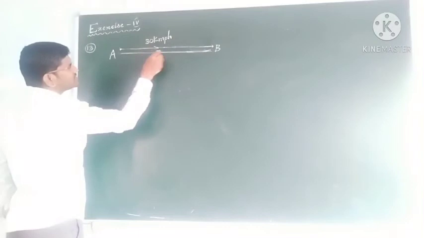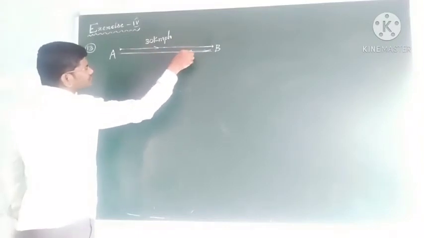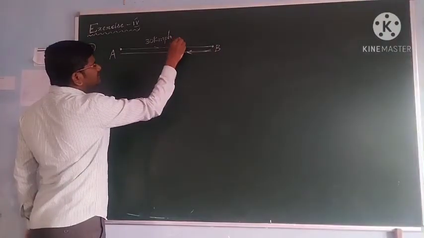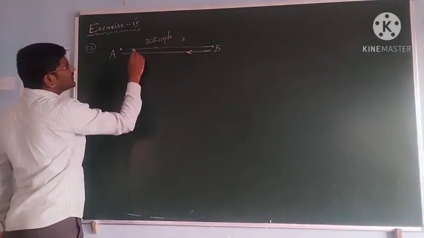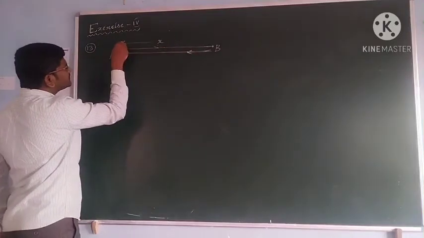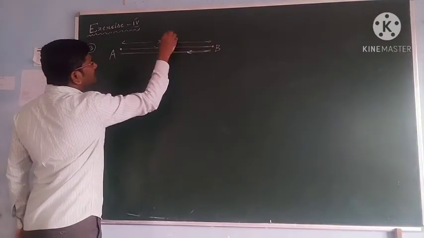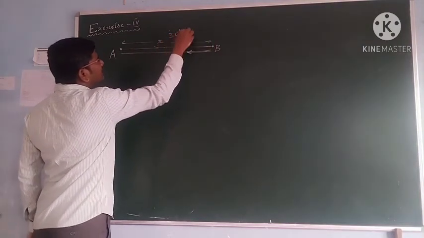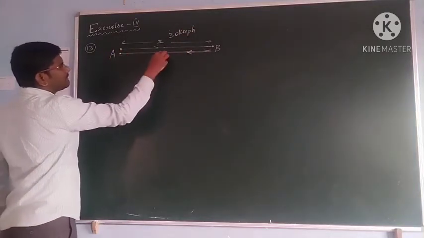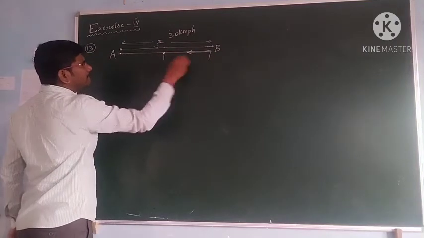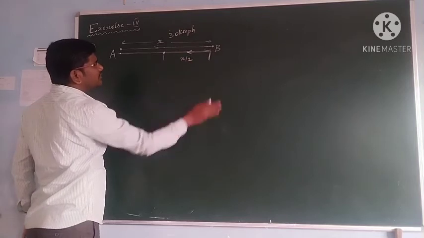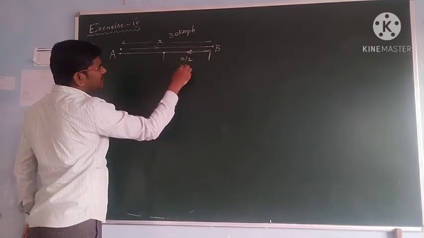See, A to B, if the total distance is x, covered with the speed of 30 km/h. During the return journey, half of the distance, x by 2, is covered with a speed of 30 km/h only.